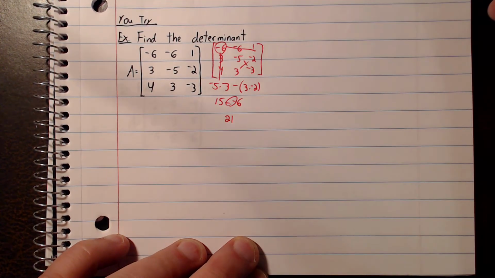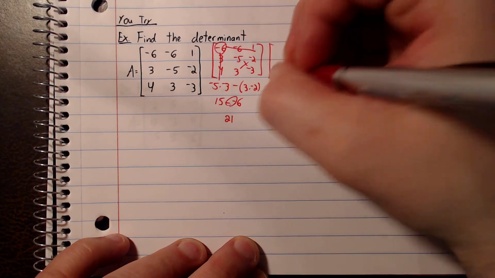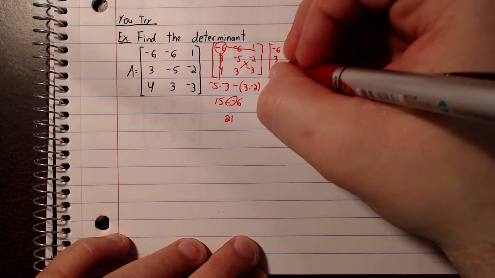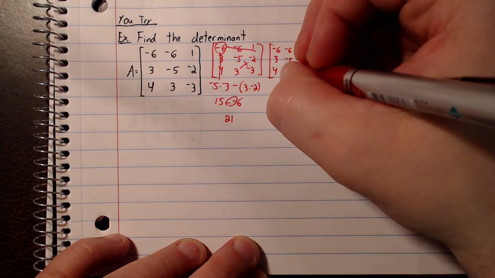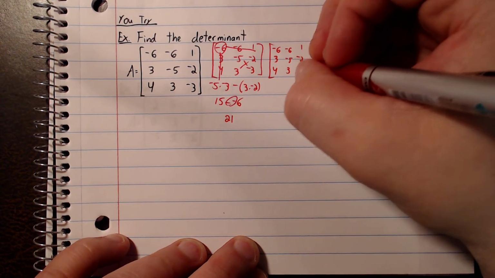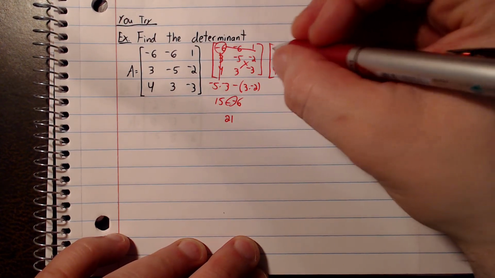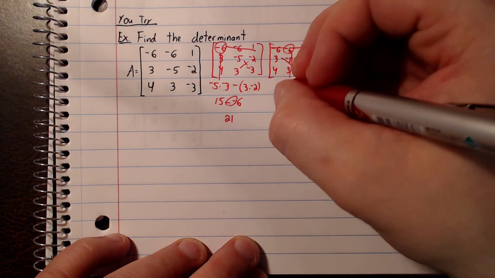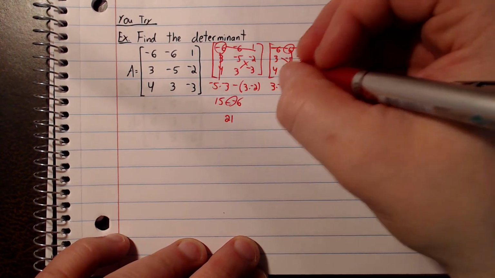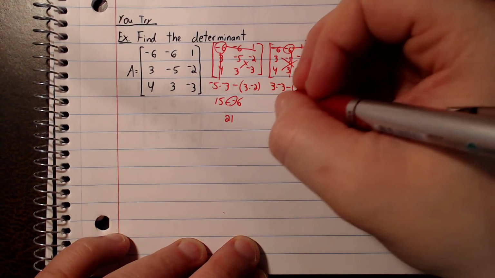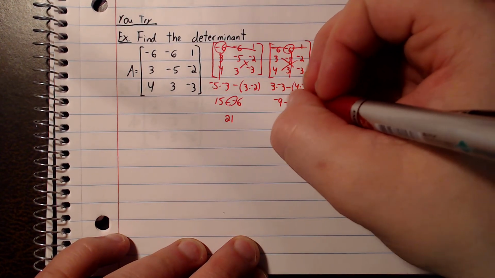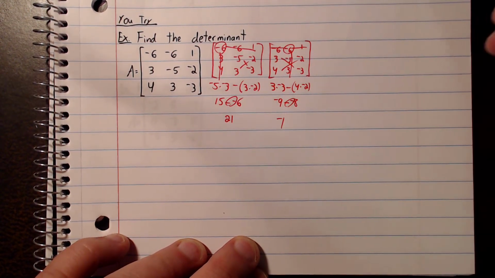I'm coming up with 21. Second entry. Get negative 1.